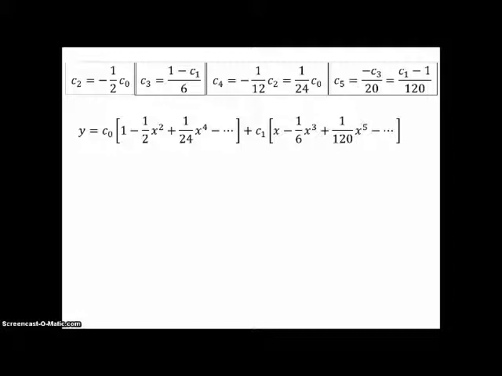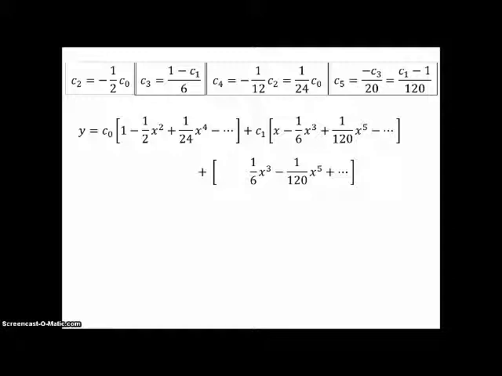C1x is the first C1 term, then we have a negative 1/6 C1, and the next one's a positive 1 over 120 times C1. But we also have in the numerator of the odd terms that 1, so we're going to have a separate parentheses for those, starting with x cubed.